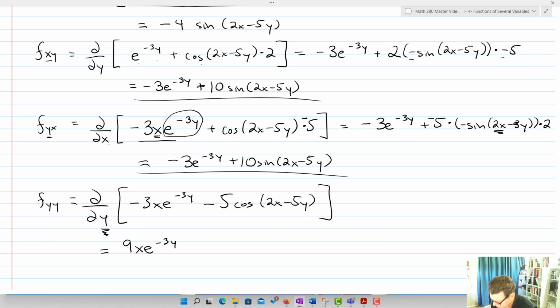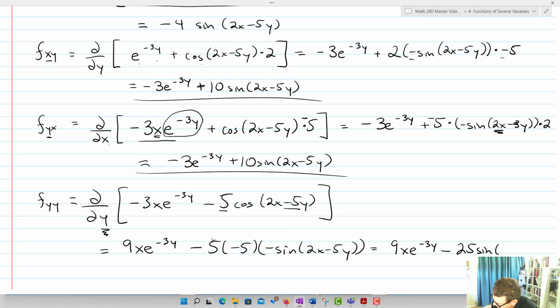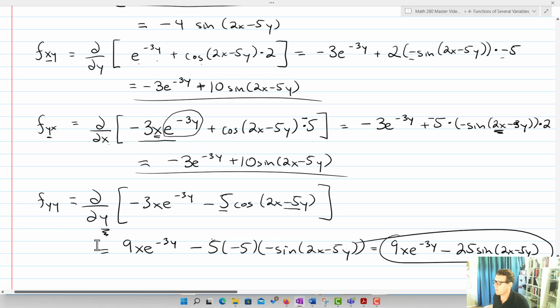Remember, we're taking the partial with respect to y, minus, and then this is going to be 5, and then negative 5, so negative 5 times negative 5. So we'll take that minus 5 times negative 5 times negative sine 2x minus 5y. And so this is then 9x e to the negative 3y minus 25 sine 2x minus 5y. And that is our second partial, fyy.